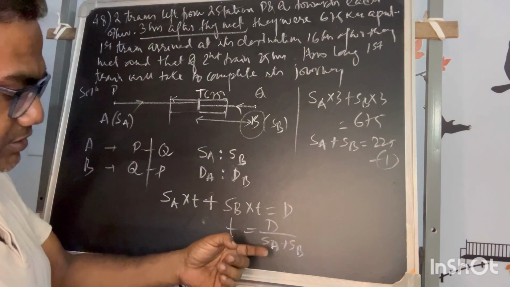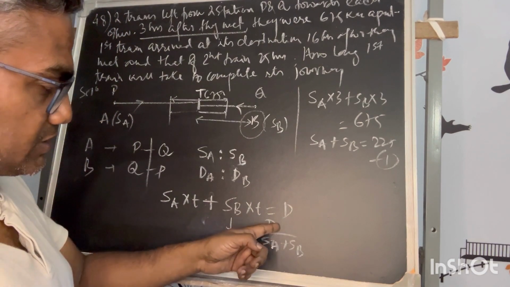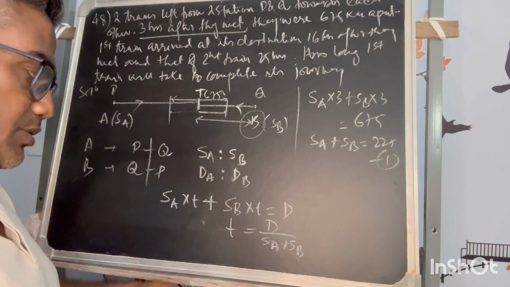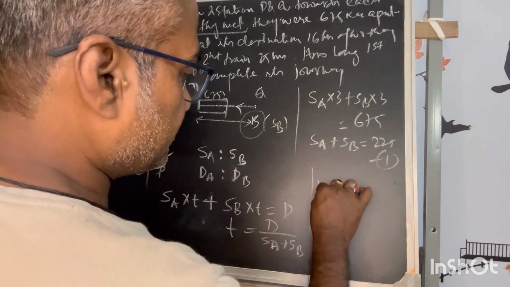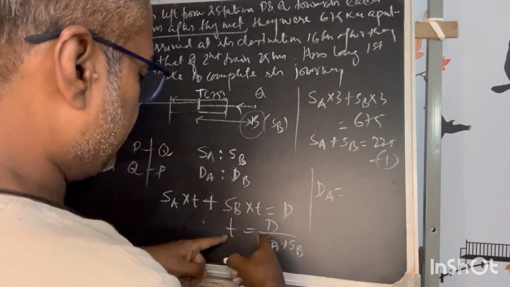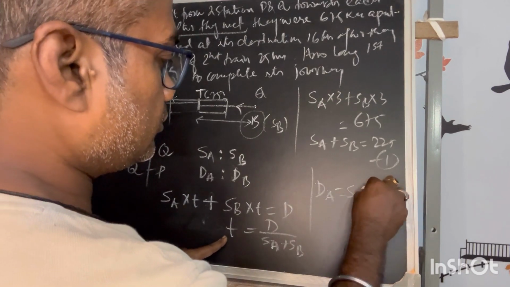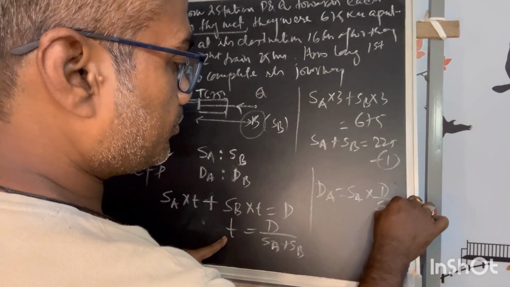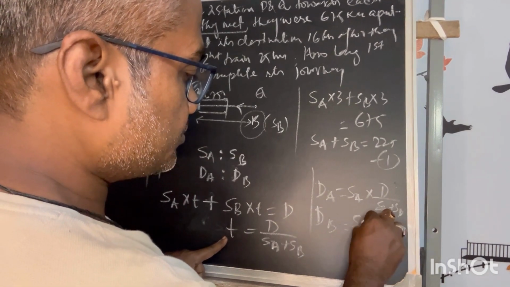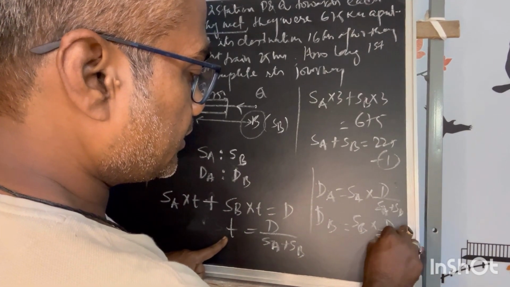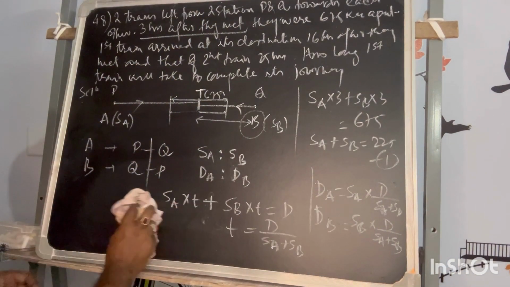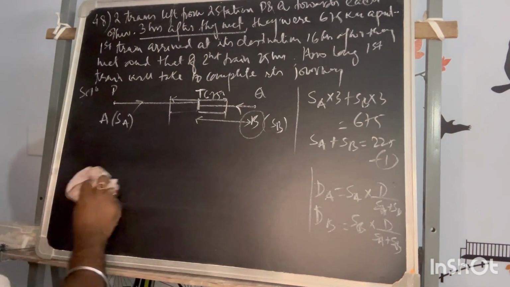The total distance is D and the relative speed is SA plus SB, because they are moving in opposite directions. The distance covered by A is dA equal to SA into D by SA plus SB, and that of B is dB equal to SB into D by SA plus SB. That is true, so we are keeping it aside.